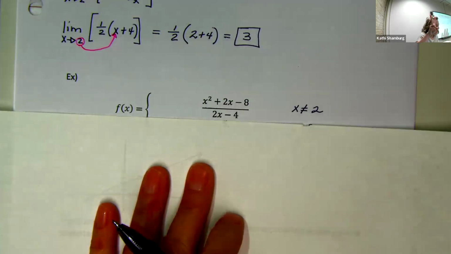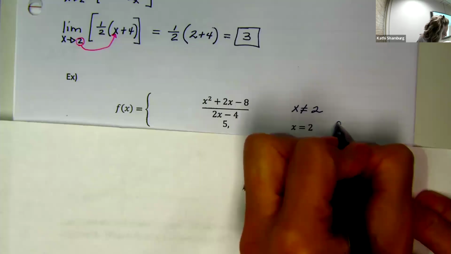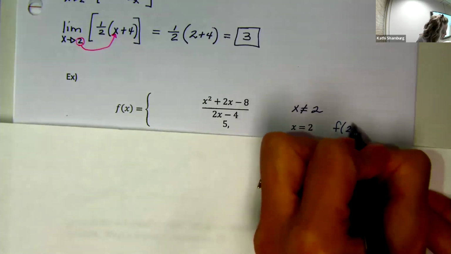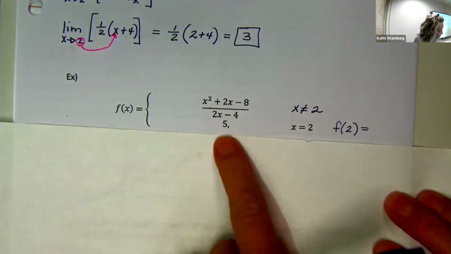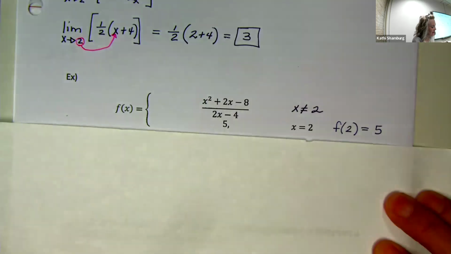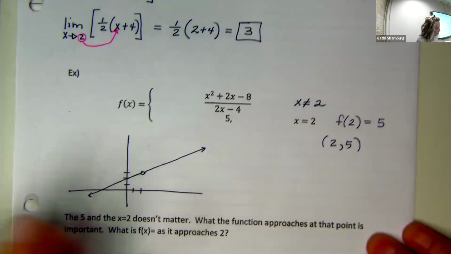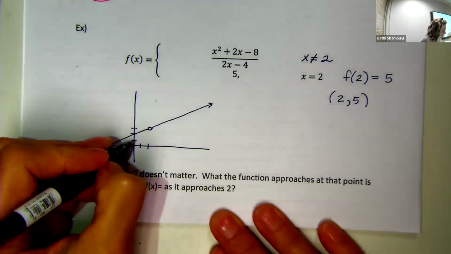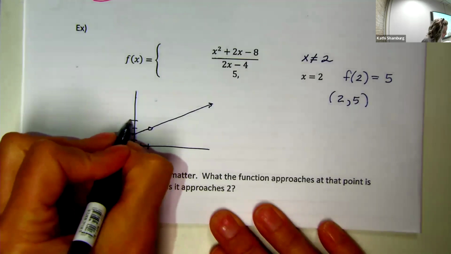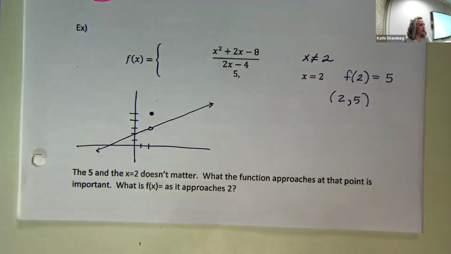The second piece is telling you when X is 2, what is its output? 5. That is giving you an ordered pair 2, 5. So over 2, up 1, 2, 3, 4, 5. That is what that would look like.